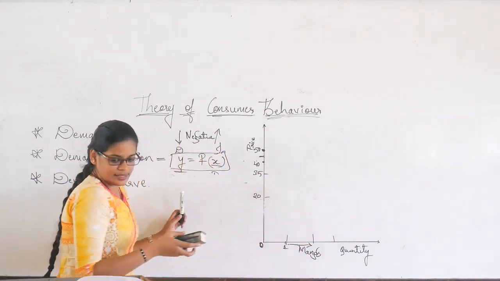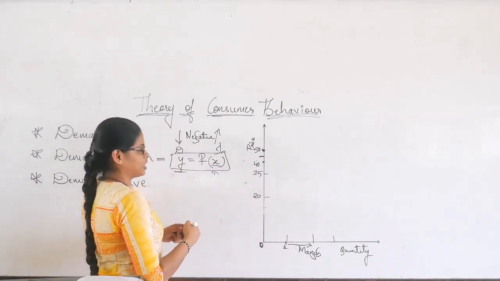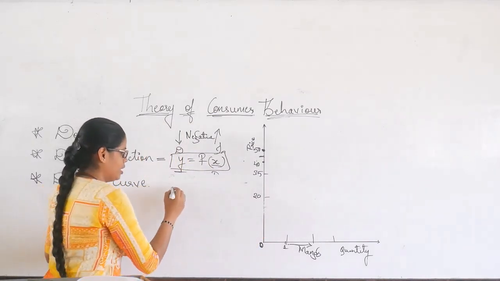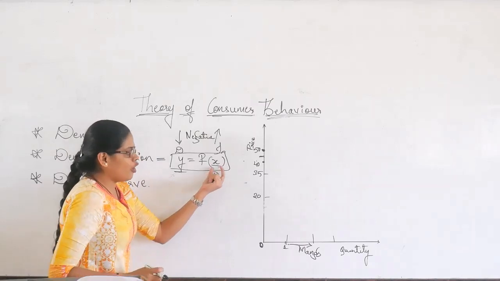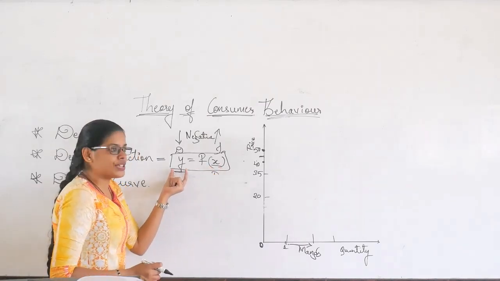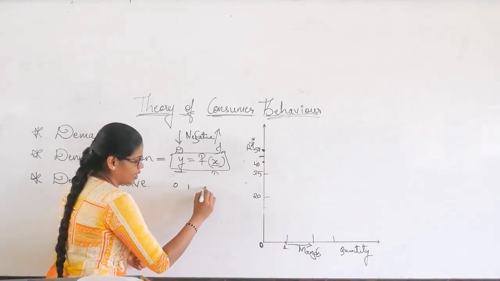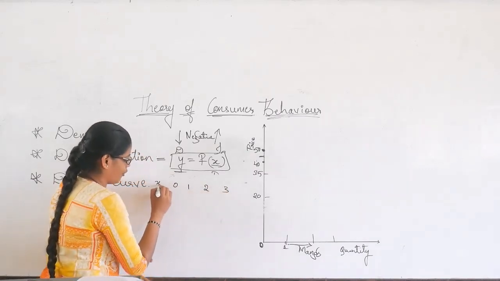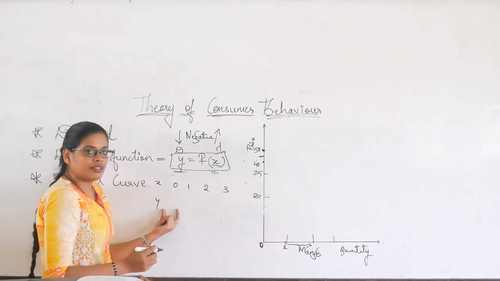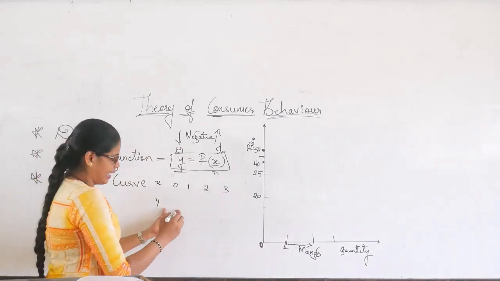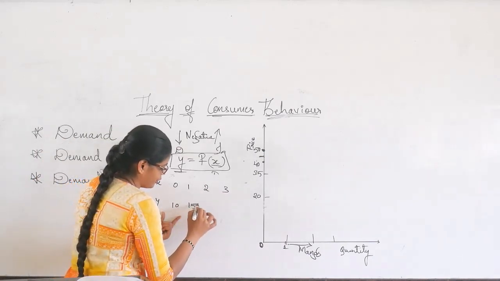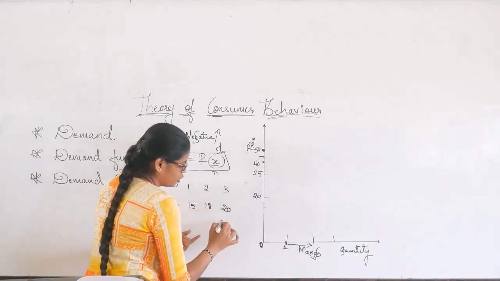I said that this demand function will always be expressed in algebraic terms, right? So the value of x gives us the unique value of y. Let's take 0, 1, 2, 3 as the values of x, and the values of y we will take as 10, 15, 18 and 20.